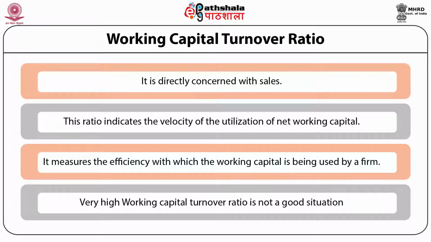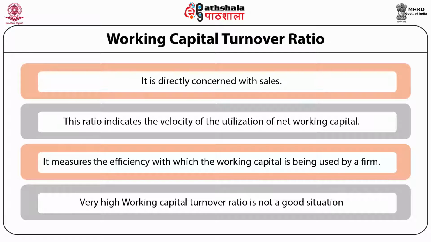Working capital turnover ratio can at best be used by making comparative and trend analysis for different firms in the same industry and for various periods. This ratio can be calculated using the following formula.